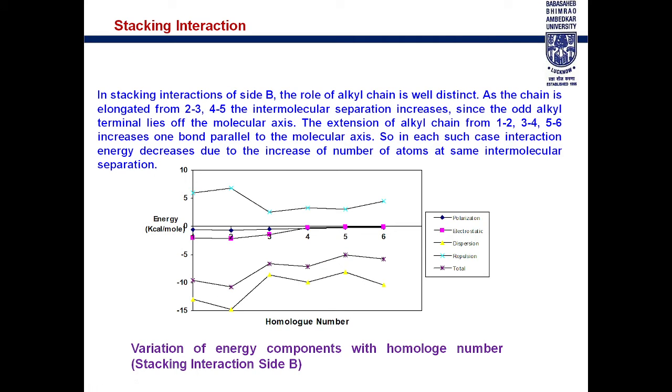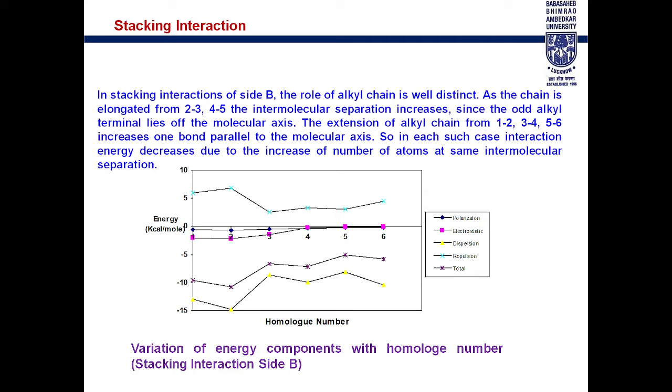But that is not the case for side B. In the stacking interaction of side B, the role of the alkyl chain is well distinct. As the chain is elongated from 2 to 3 and 4 to 5, the intermolecular separation increases. Since the odd alkyl terminal lies off the molecular axis, the extension of the alkyl chain from 1 to 2, 3 to 4, and 5 to 6 increases one bond parallel to the molecular axis.